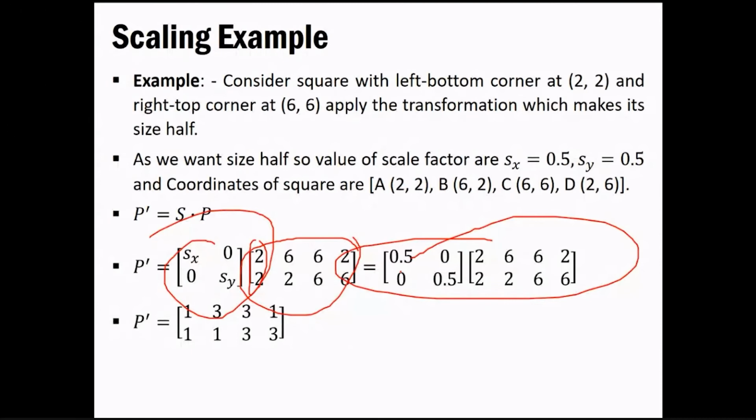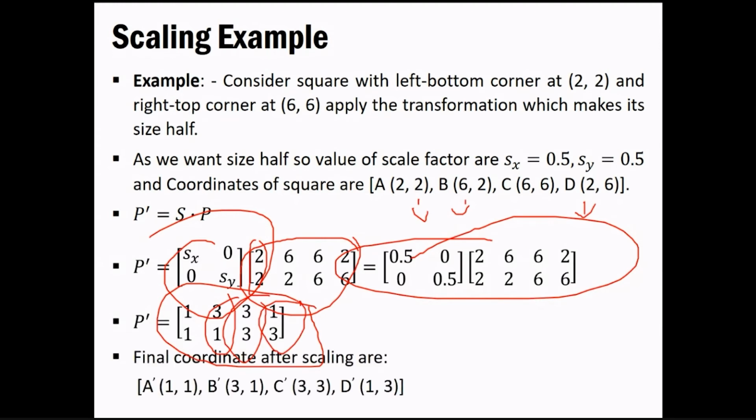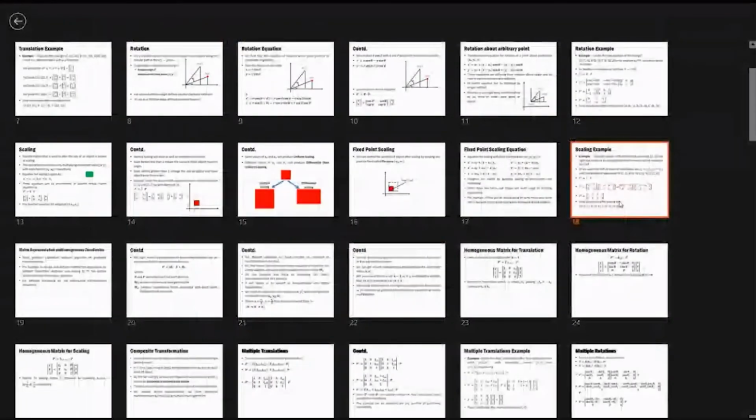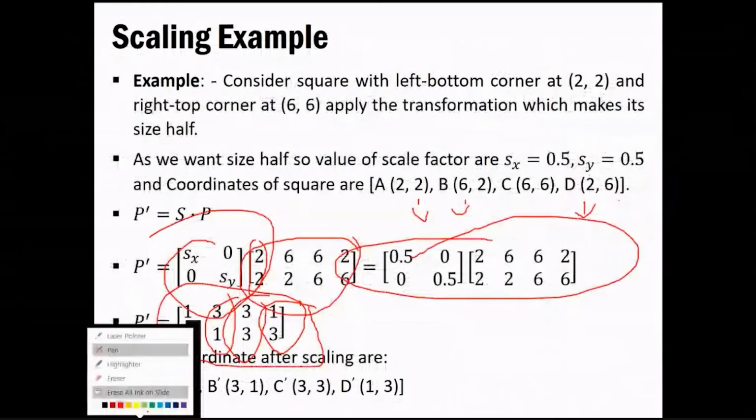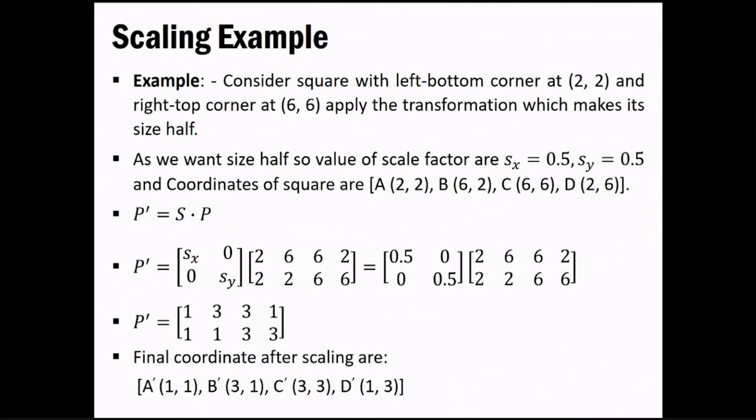Based on the answer you can see that A has been scaled down to (1, 1), similarly B to (3, 1), C to (3, 3), and D to (1, 3). So the final coordinates after scaling are A', B', C', D'.